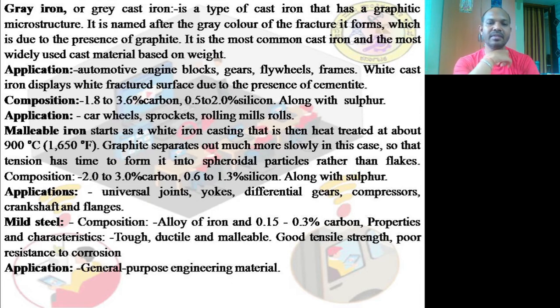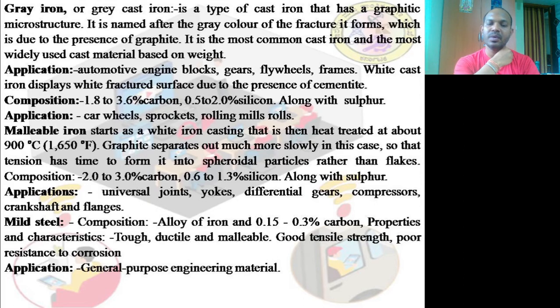Malleable iron starts as a white iron casting that is then heat treated at about 900 degrees centigrade, that is 1650 degrees Fahrenheit. Graphite separates out much more slowly in this case, so that the carbon has time to form into spheroidal particles rather than flakes.